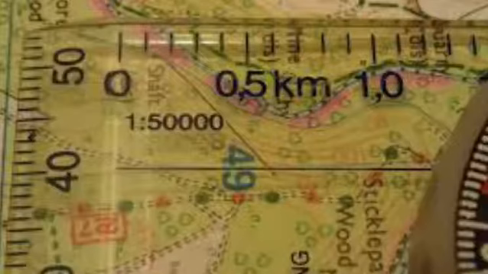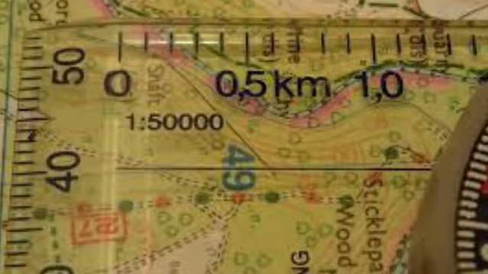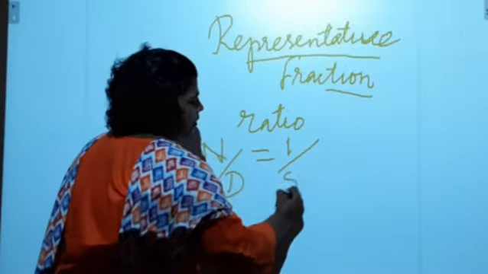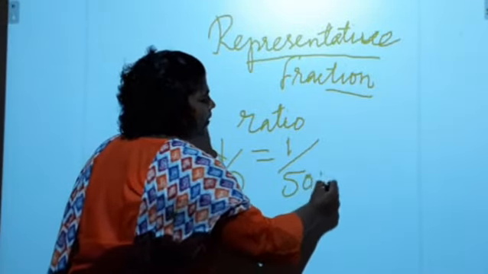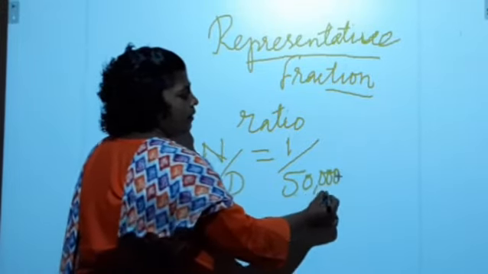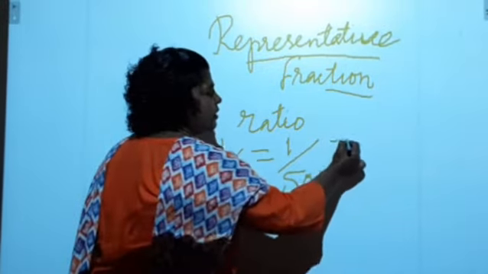The numerator will be given as 1 and the denominator will be given as 50,000. For example, 50,000 kilometers. How is it taken?